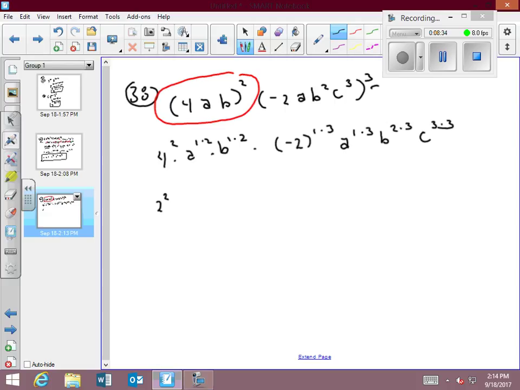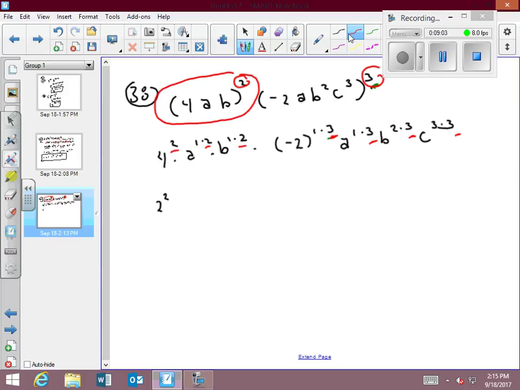Right? You see it? In this case, I've taken that 3 through here, there, there, and there. I've taken that 3 through. In this case right here, I've taken the 2 through, and I've done it here. All right.